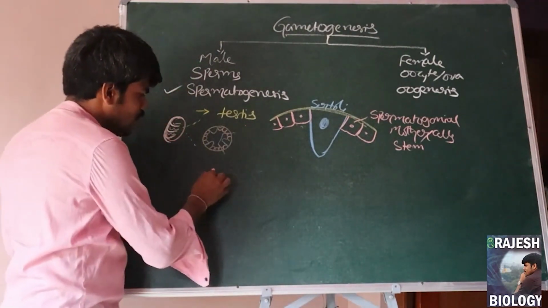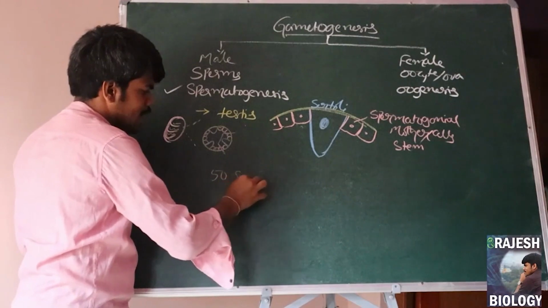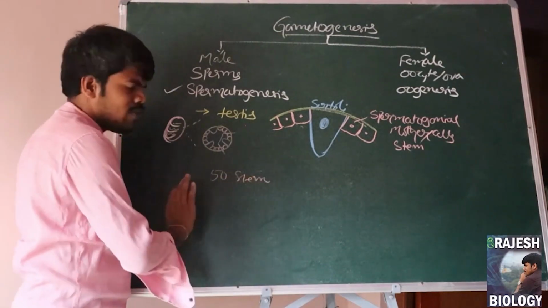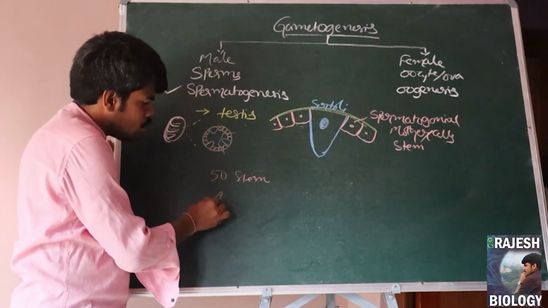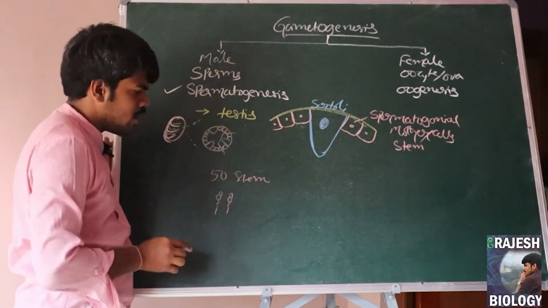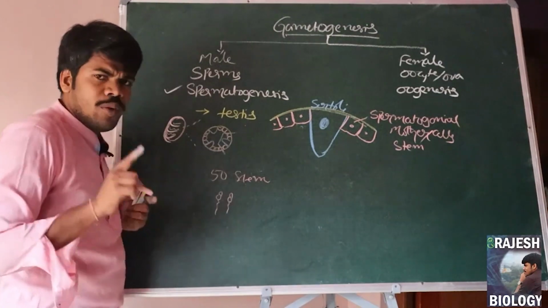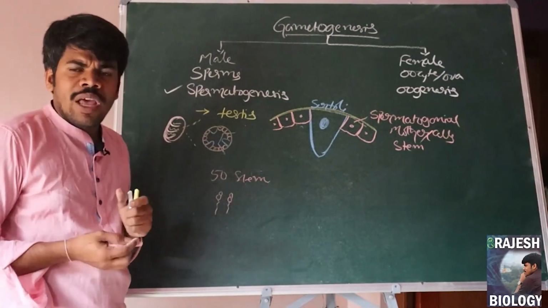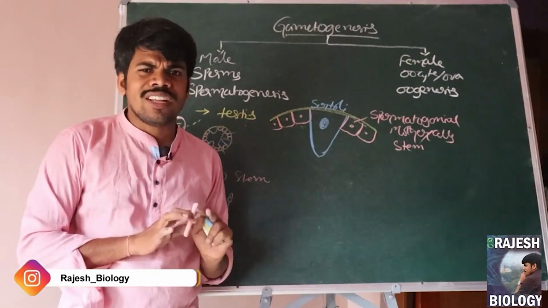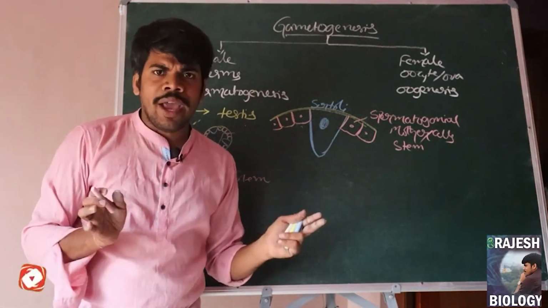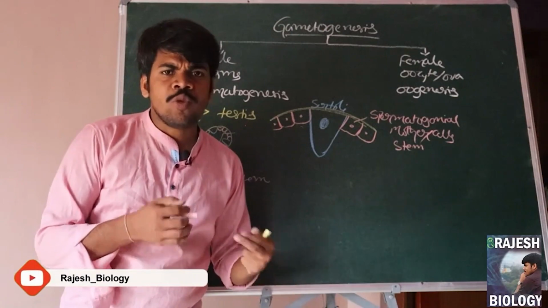For example, 50 stem cells are present. If every stem cell forms spermatozoa, what will happen after 20 ejaculations or after 50 ejaculations? All the stem cells become expired.